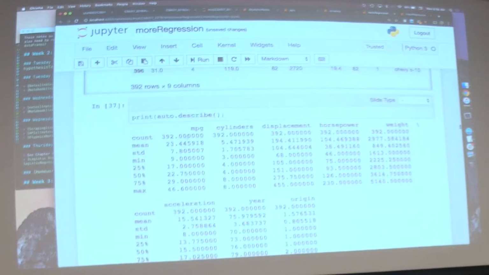If we look here, we have 400 cars worth. The mean gas mileage is actually higher than I would have thought, given the number of cars from the 70s in here. The max is 46 miles per gallon.